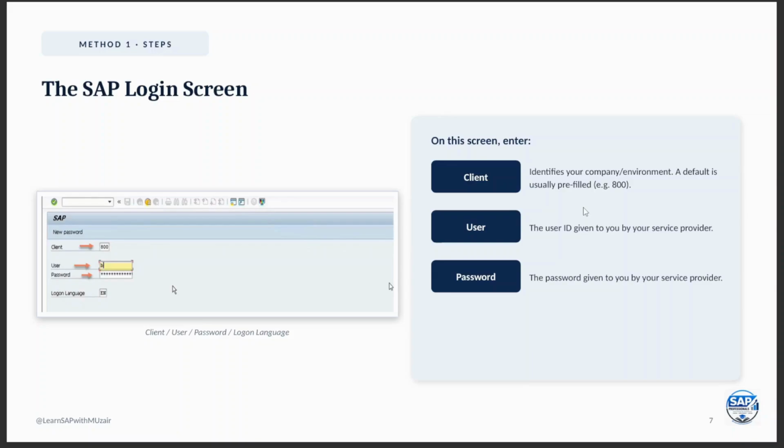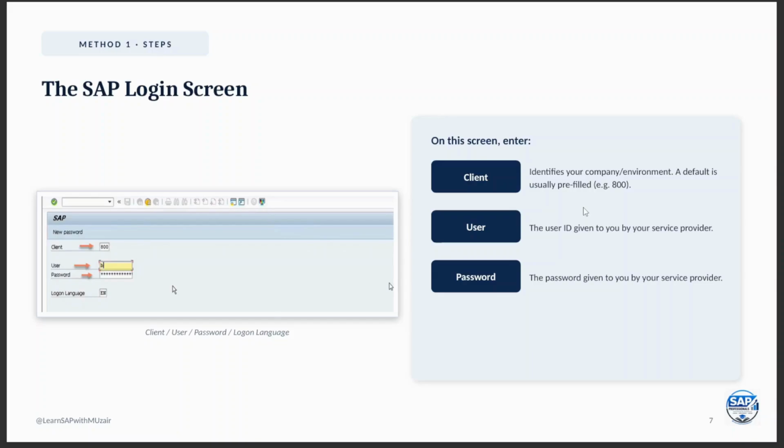For example, 800, as you can see in this screenshot. The second field is user. This is the user ID given to you by your service provider. And the third is the password, again given to you by your service provider. Once you enter all three and confirm, you are logged in.